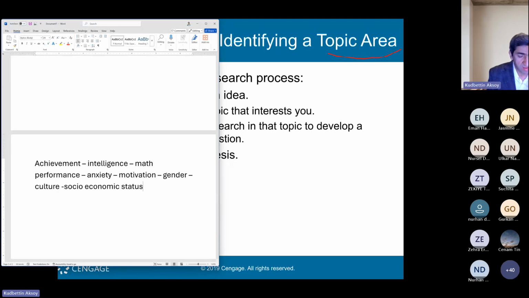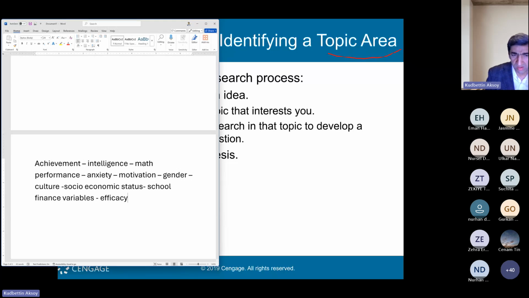From a more school administration perspective, we can talk about school finance. We can talk about advocacy, student advocacy, teacher advocacy.